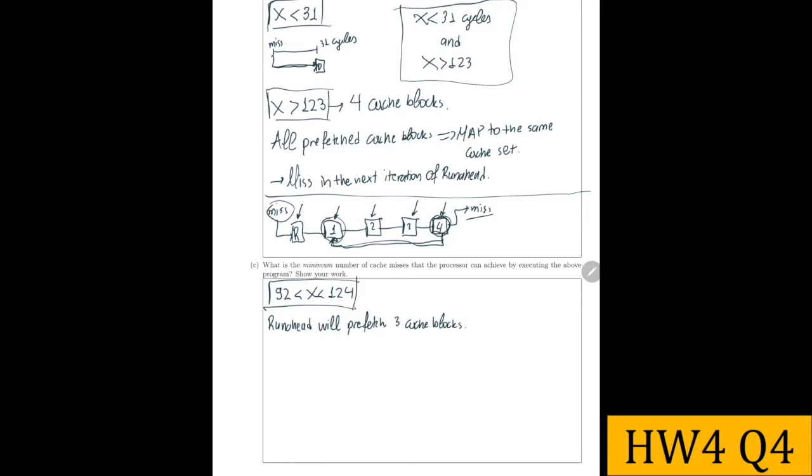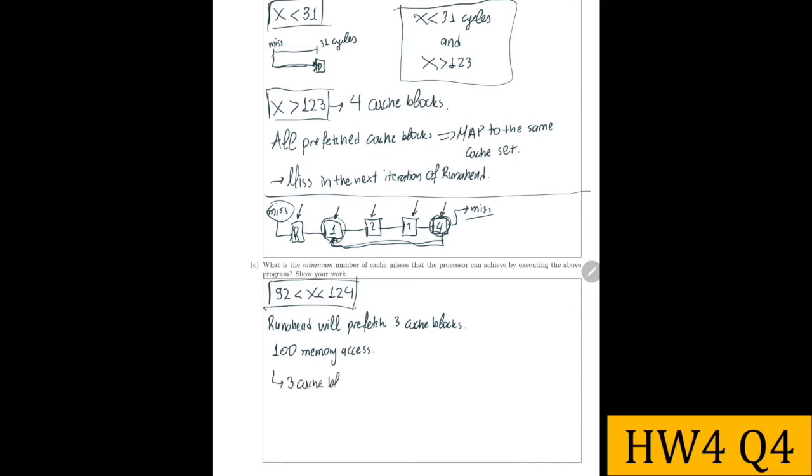So if we prefetch 3 cache blocks, then if we have 100 memory accesses, so imagine if for every memory access we go and prefetch 3 cache blocks.